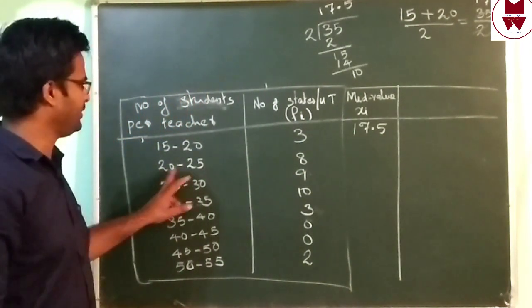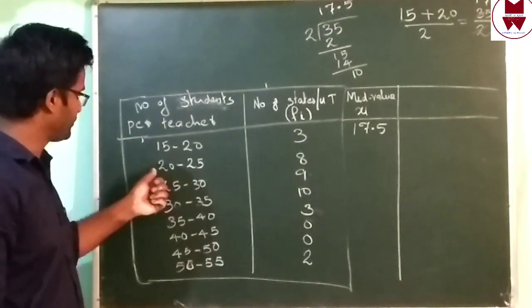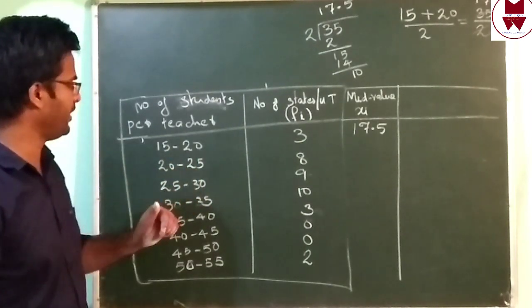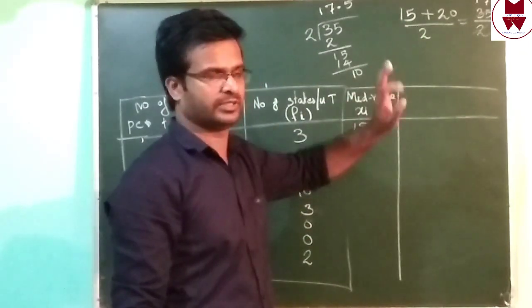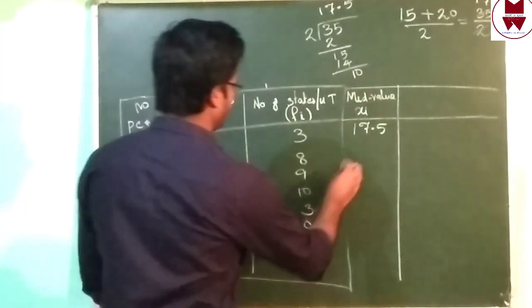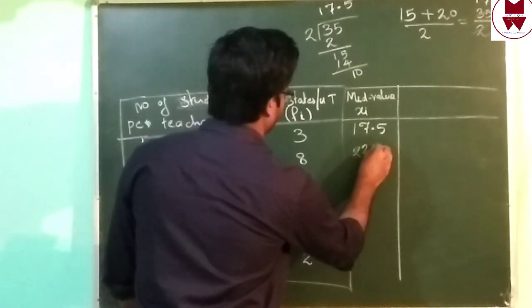In between 20 and 25, what we will do? First we will add 20 and 25, then divide by 2. Then if you are doing means you will get 22.5.